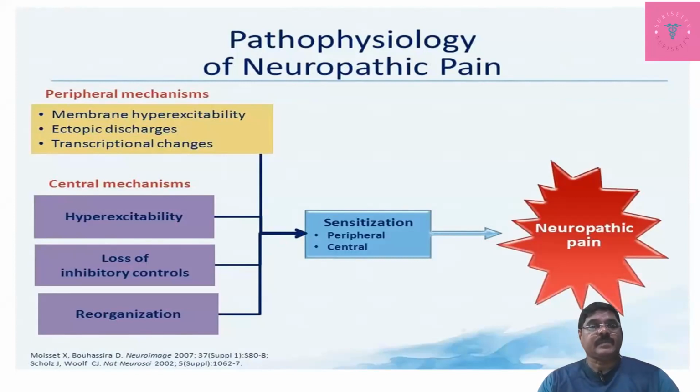At the central level, there is hyperexcitability due to the increase in calcium channels, loss of inhibitory control and reorganization, which leads to both peripheral and central sensitization and finally to neuropathic pain.